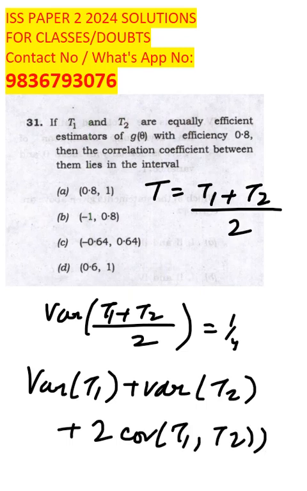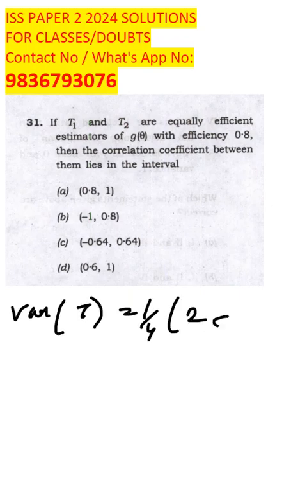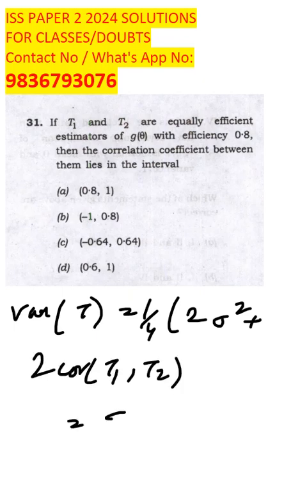Okay, so since both have the same variance, so we can write it as variance of t is equal to 1 by 4 [2 plus 2 covariance t1 t2]. So that is by 2, 1.